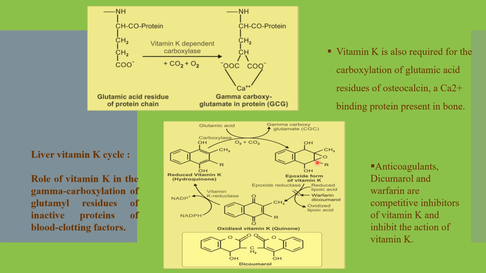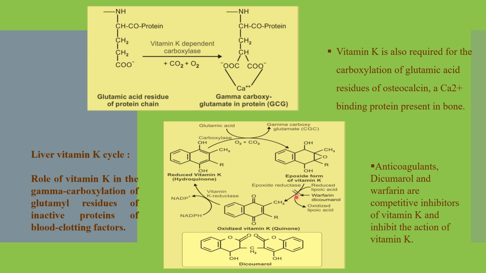So this is the epoxide form of vitamin K. Then the epoxide reductase enzyme further reduces it into the quinone form, the oxidized form of vitamin K. In the course of this conversion, reduced lipoic acid is converted into oxidized lipoic acid. Then this oxidized or quinoid form of vitamin K again reverts back to the hydroquinone form in the presence of vitamin K reductase enzyme. So this is how the cycle goes on in the liver.